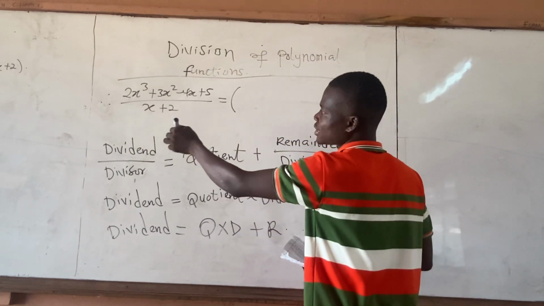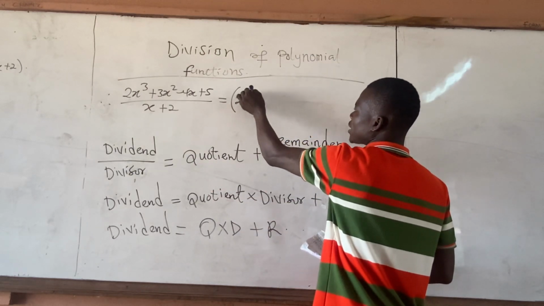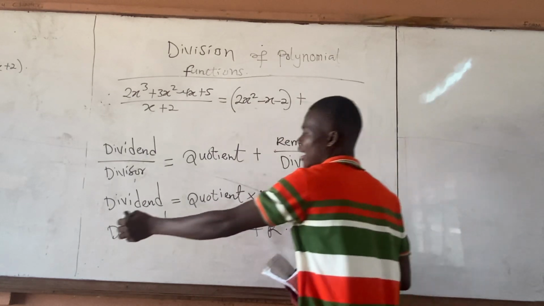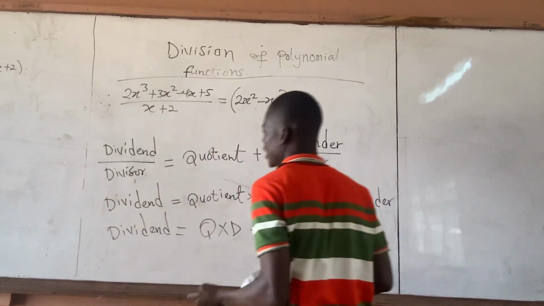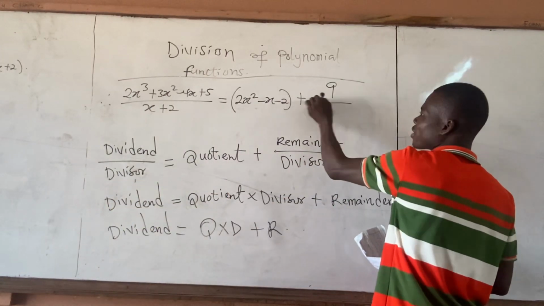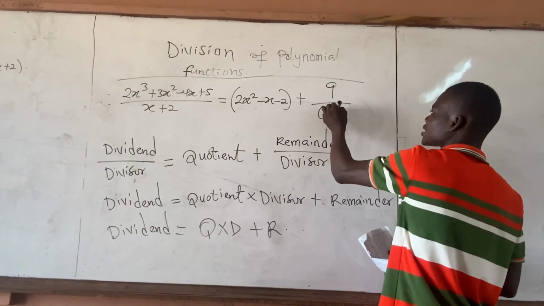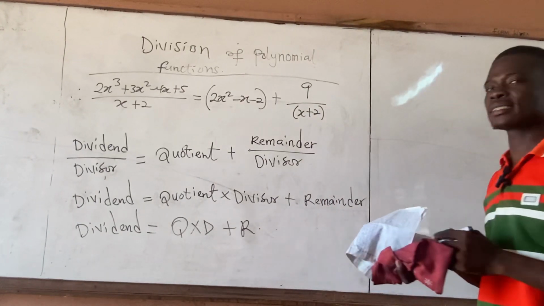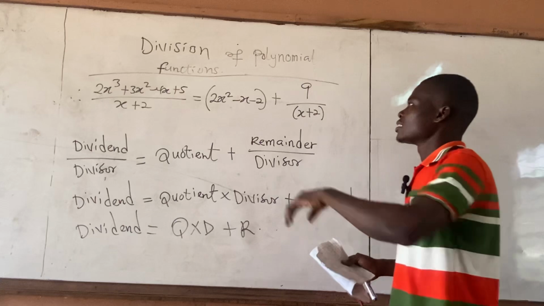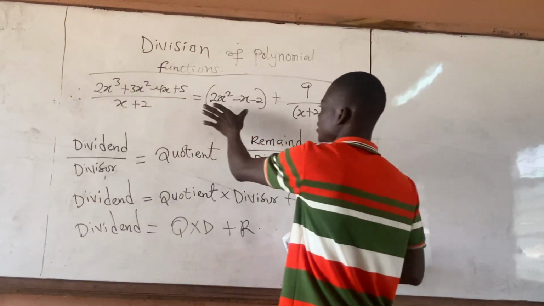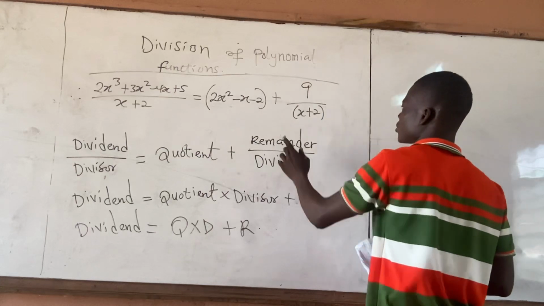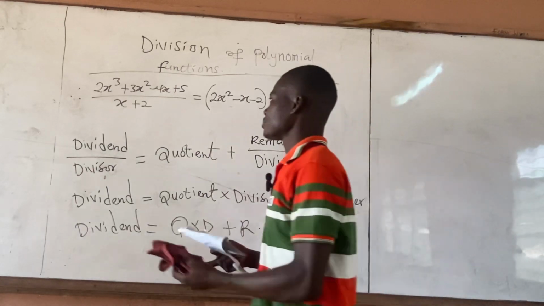So it goes into it exactly 2s squared minus s minus 2 plus the remainder. The remainder is 9 over the same divisor, s plus 2. Now this is how it is. That dividend over divisor is equal to the quotient plus remainder over divisor.